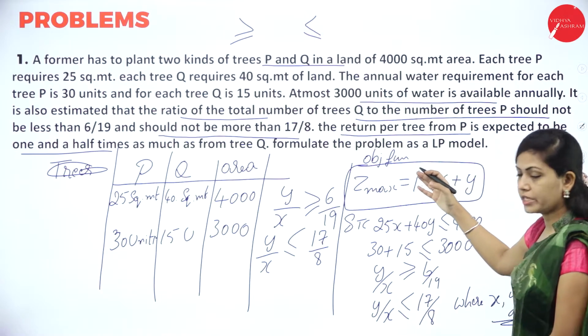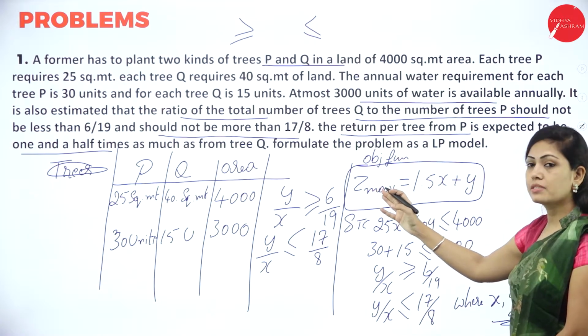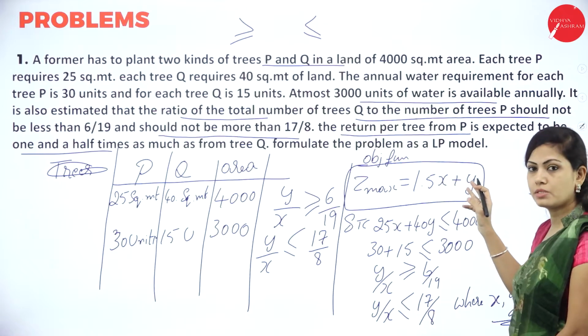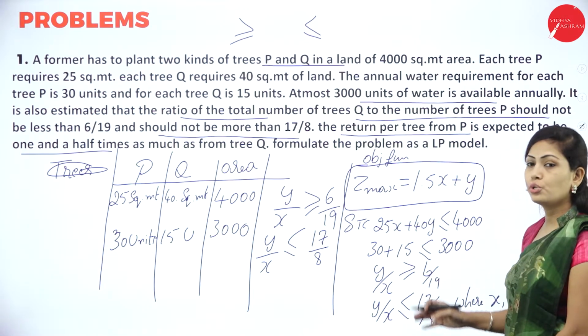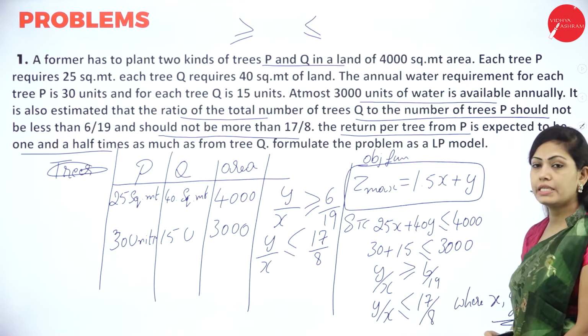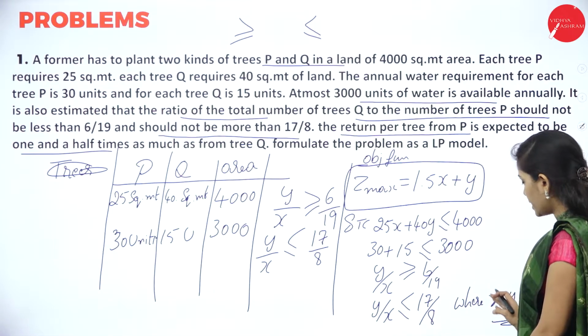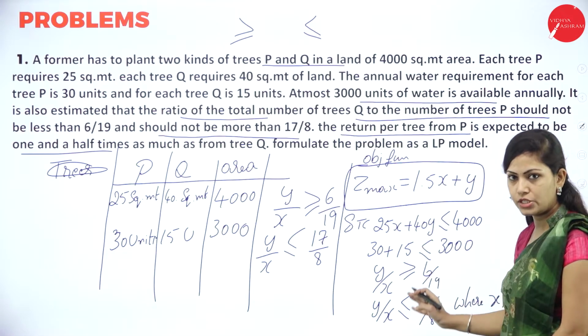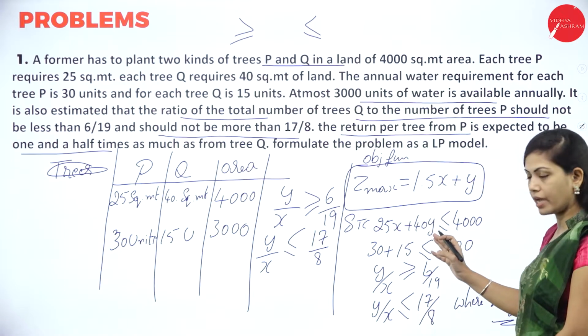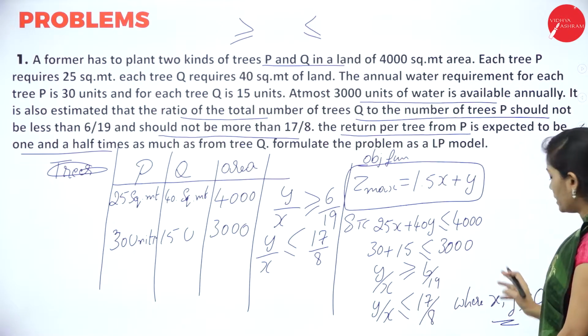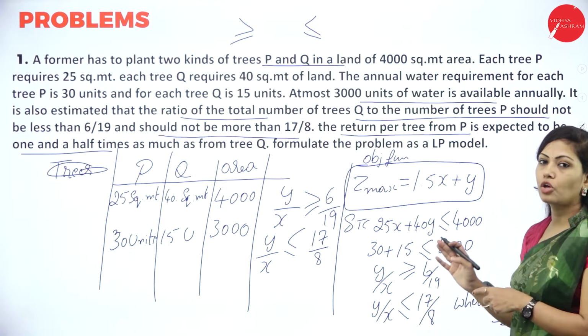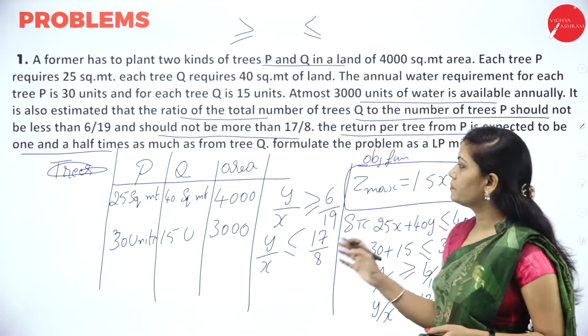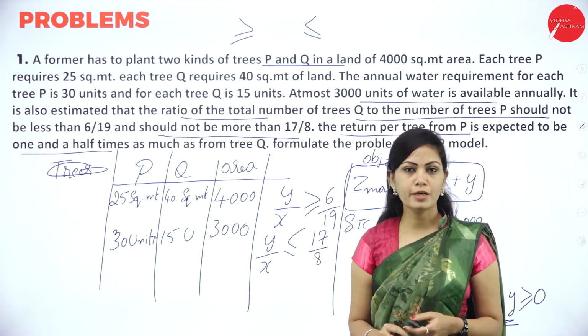So we have the objective function, that is Z max is equal to 1.5x plus y, and subject to constraints, we have 4 constraints here, and we have two decision variables called x and y. So x and y should be greater than or equal to 0, that is the non-negativity constraint. So this is your LPP model.